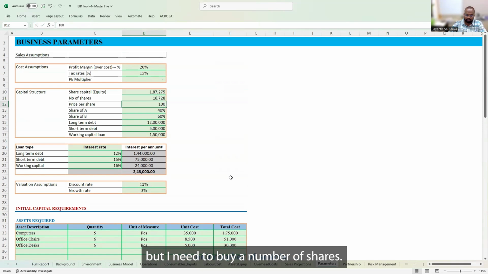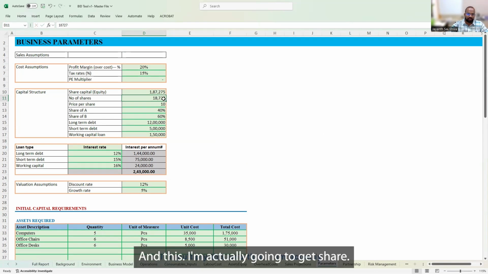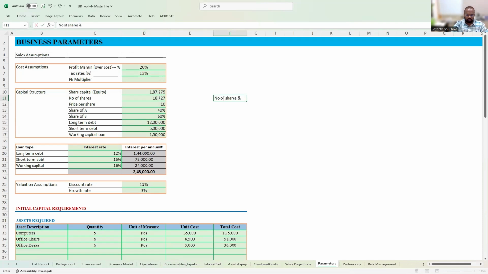Accordingly, I have to make sure my number of shares and price per share are such that, say, the price per share is 10 rupees. If I multiply this and this, I get the share capital. Share capital is nothing but the number of shares times the price per share.